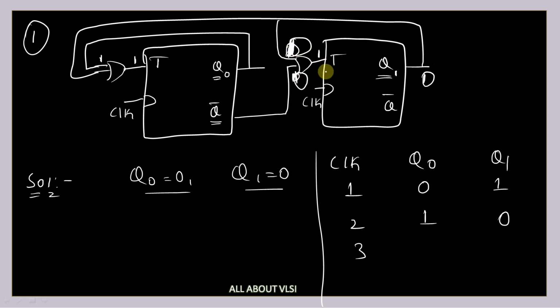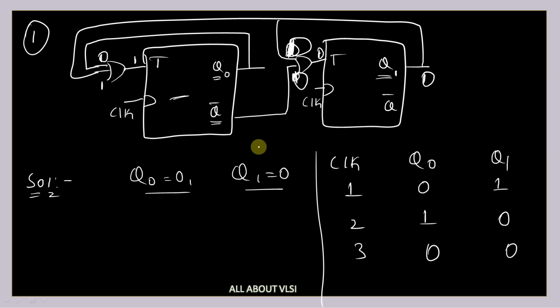That means the input of our second T flip-flop is equal to 0, and for our first T flip-flop, one input is 0 and another input is 1. So the input of our first T flip-flop is equal to 1. So Q0 will toggle to 0 and Q1 is 0 itself.